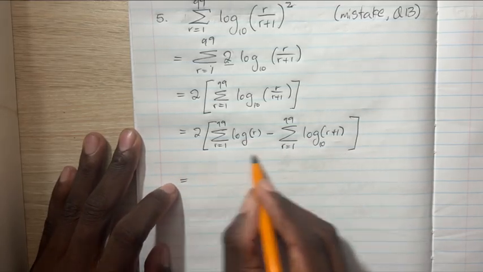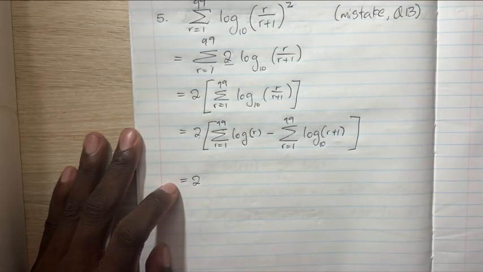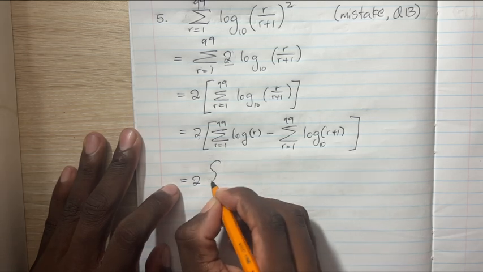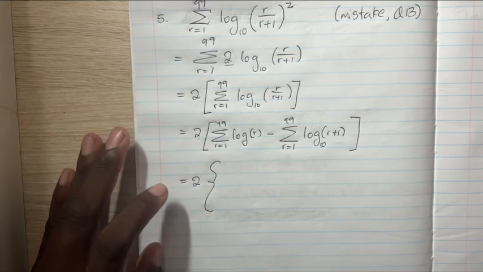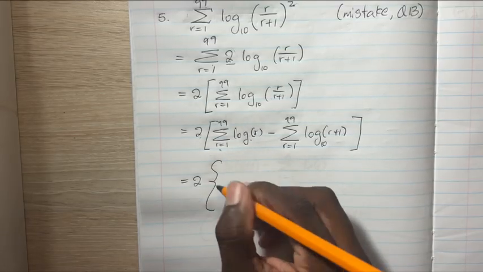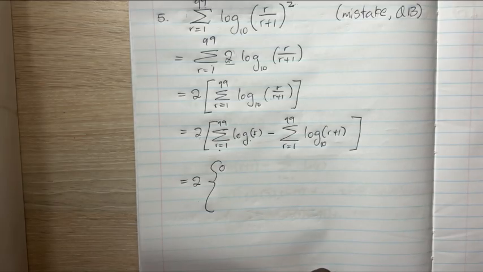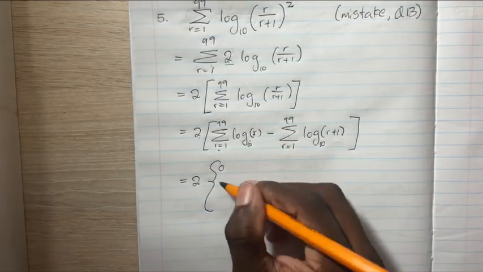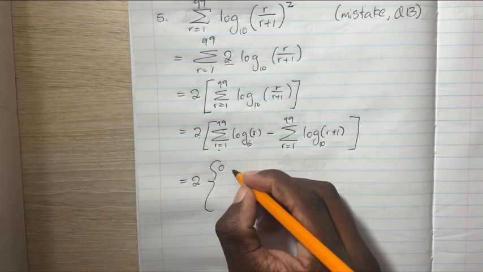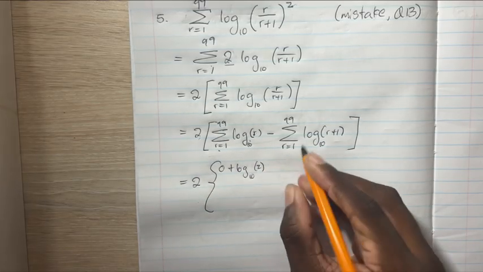Okay, so this is what we have. We have 2 as the front guy. Let's open these series up. If we put 1 here, that's r equals 1 because it starts at 1. We're going to have log 1, which is 0. If we put 2 here, we're going to have log 2, so that's log base 10 of 2.